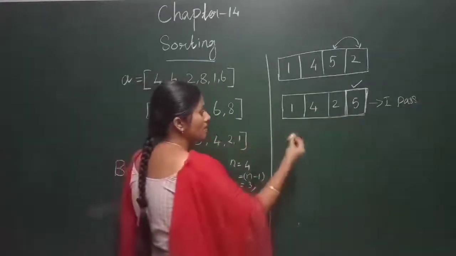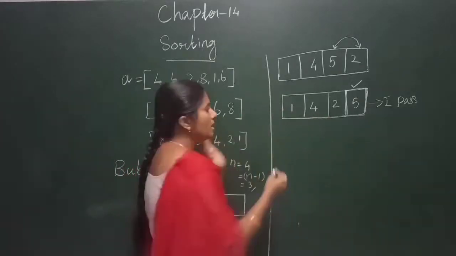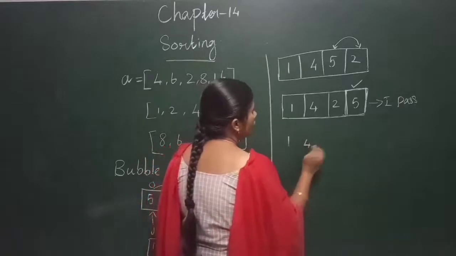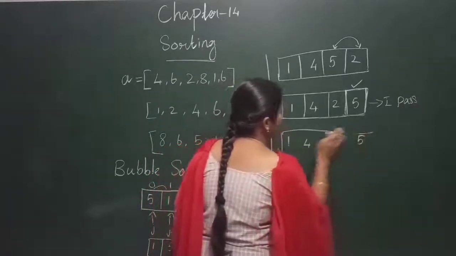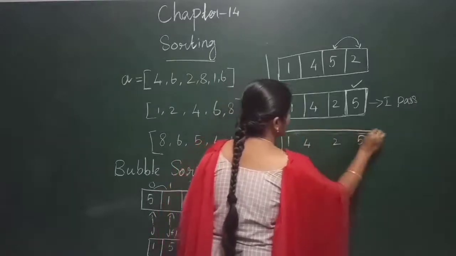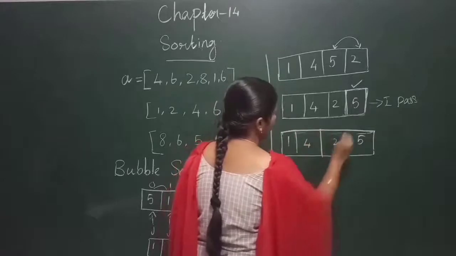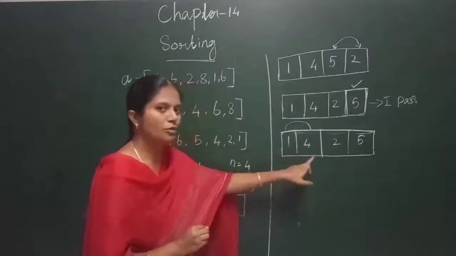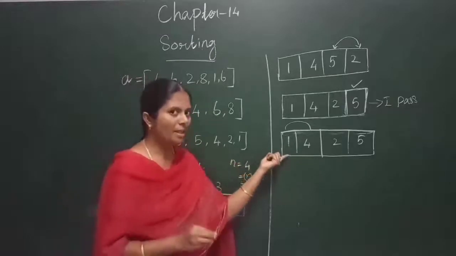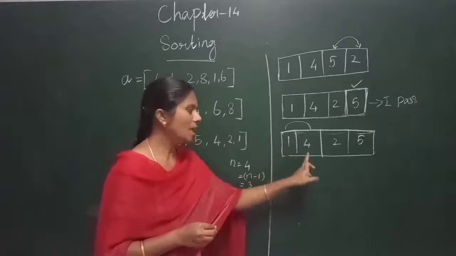Then the second pass. Again you compare two elements from left to right: 1, 4, 2, 5. Swapping? No, you don't need to swap because 1 is smaller than 4.